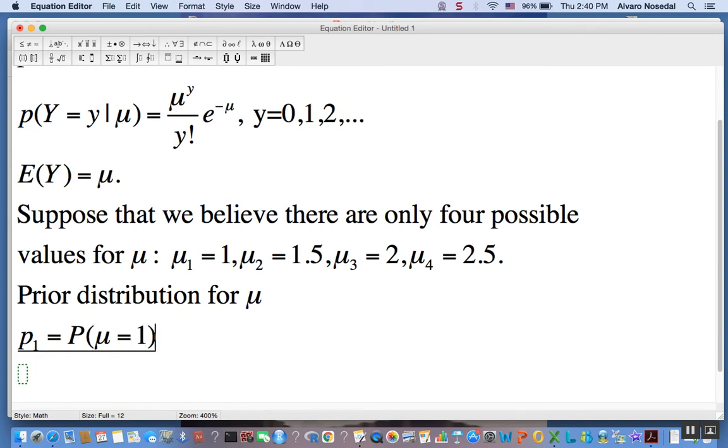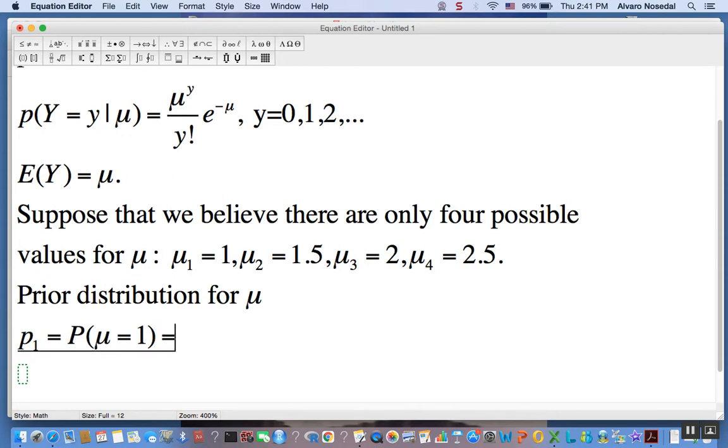And what we said is that we consider that mu2 and mu3 are twice as likely as mu1 and mu4, but mu1 and mu4 have the same probability of being the actual value for mu.